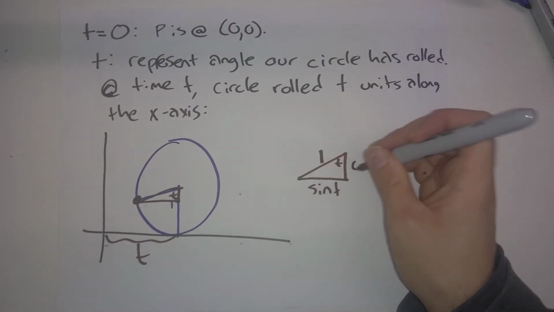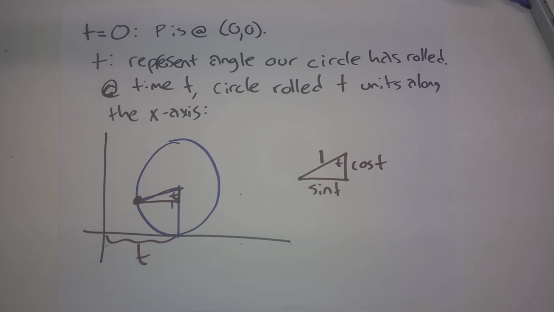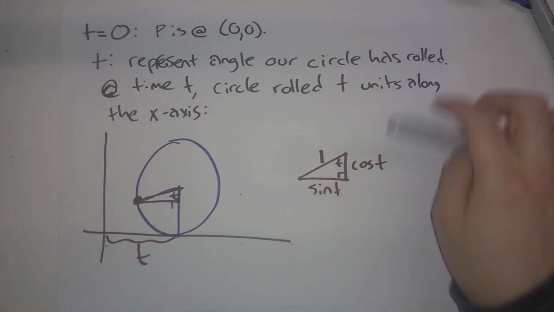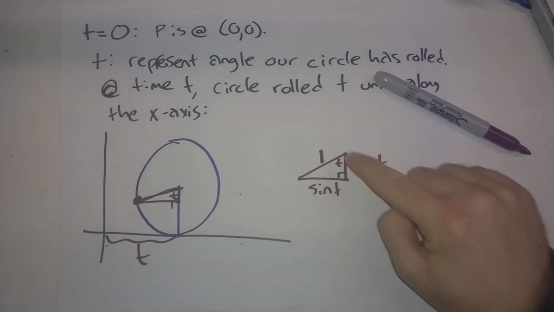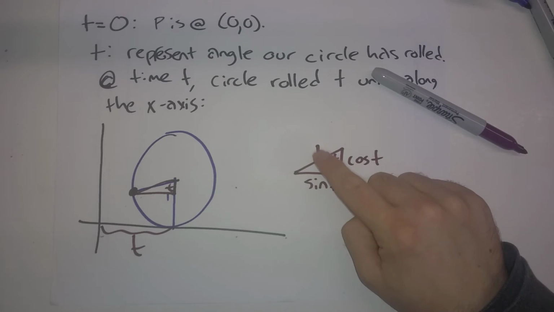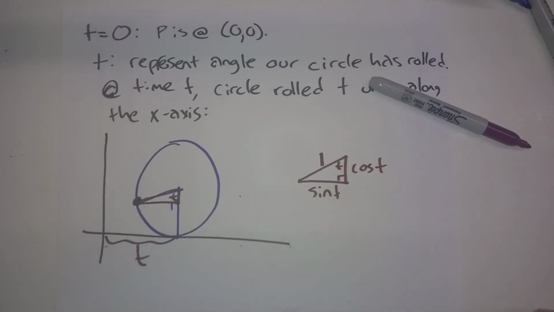And so these two sides are going to be sine of t and cosine t respectively. That's basically from definition. Sine of t is this length divided by this length. So almost by definition, we have sine of t and cosine t right there.